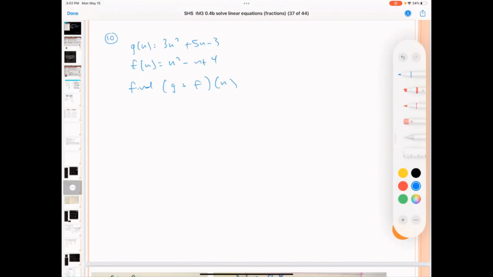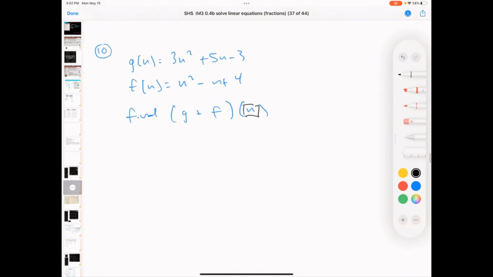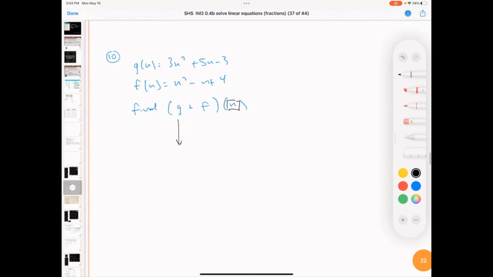Hey guys, let's go over question number 10. Find g plus f. Now, if you're intimidated by this other letter n here, you can just replace it with x, but the big idea is you're going to add g plus f. So if g is yellow, we're going to put that here. Now, what do I put here?